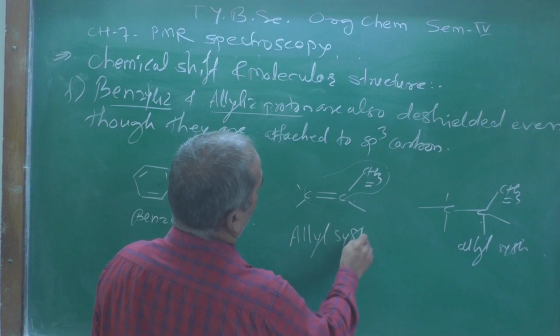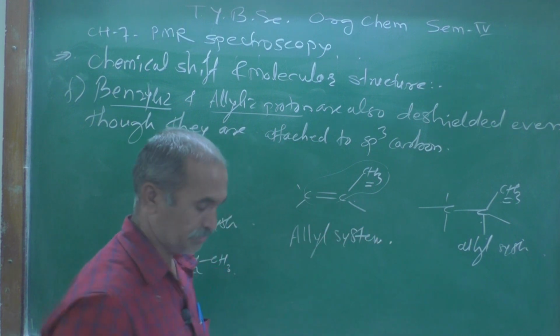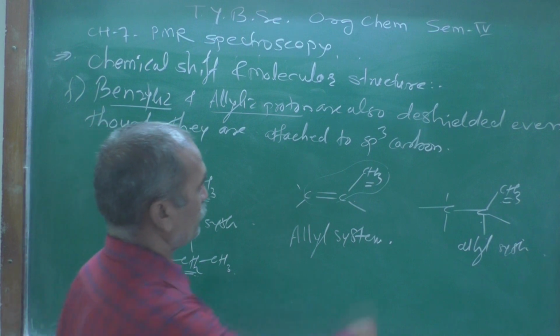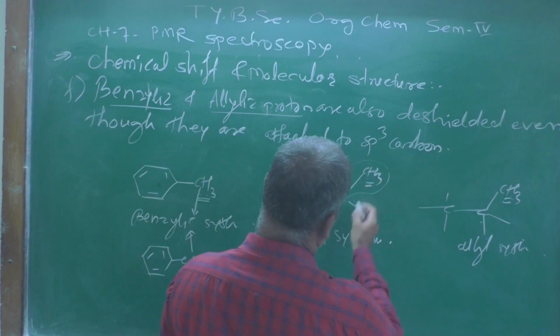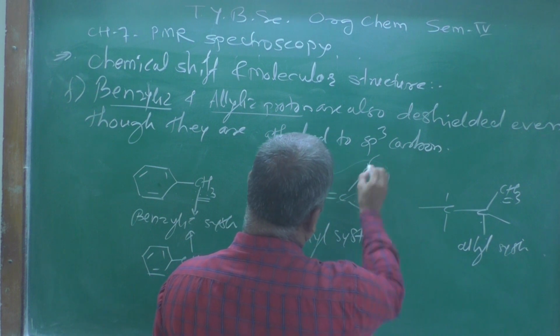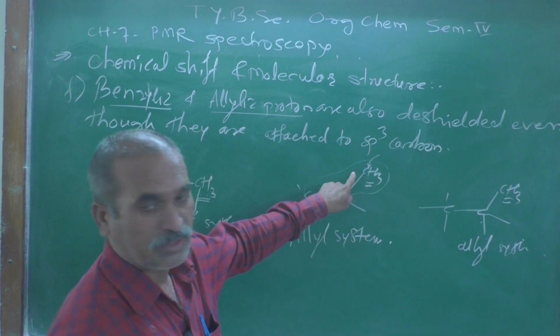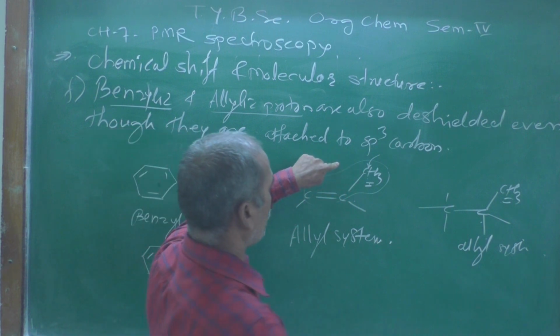Now, the allyl system. If you observe this structure carefully, what would be the hybridization of this carbon atom?